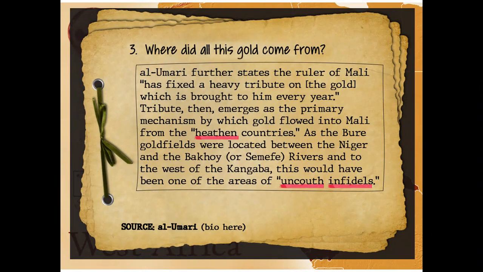And that is why they are willing to give up their gold to Mansa Musa instead of keep it for themselves. That is where the Mansa gets the gold, even though the gold is coming from lands that are outside of his kingdom.